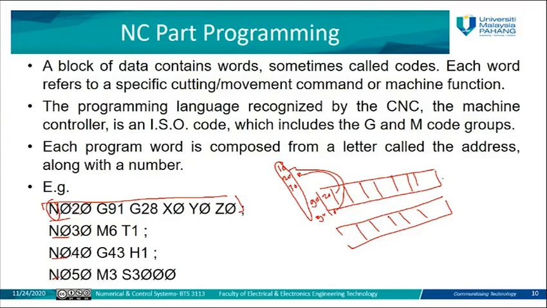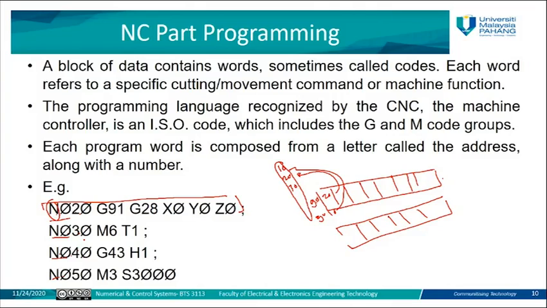And this sequence is followed by the machine. So the machine will not execute block number 30 unless it has already executed block number 20. It will not go for 40 unless it has finished 30, and not go for 50 unless finished with 40, and so on.